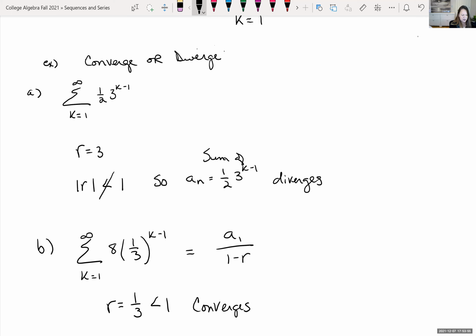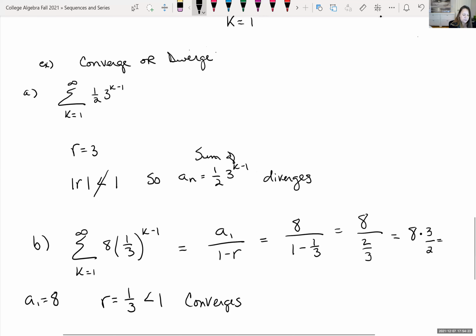So looking at this, our first term is 8. So a sub 1 is 8. So this is equal to 8 over 1 minus r, which is 1/3. So this is 8 all over 2/3. So 8 times 3/2. 2 goes into 8 4 times. So this gives us back 12.